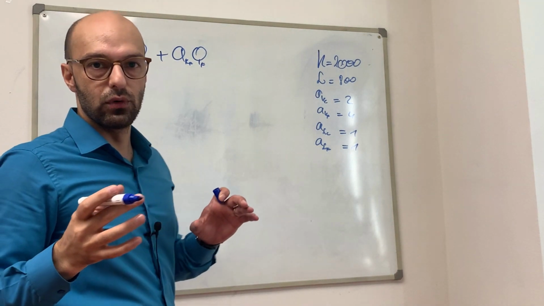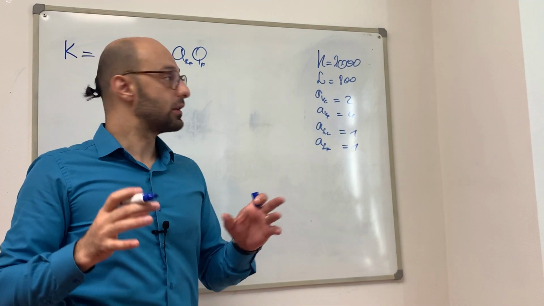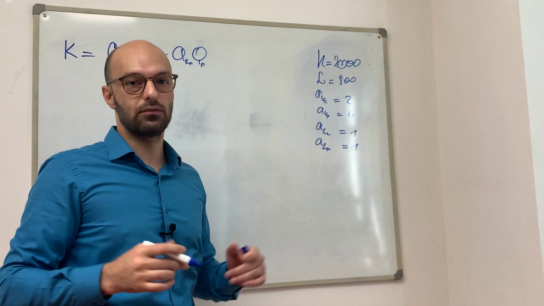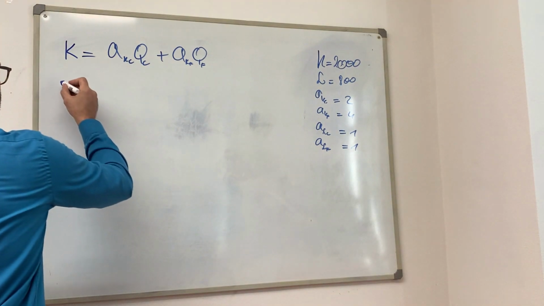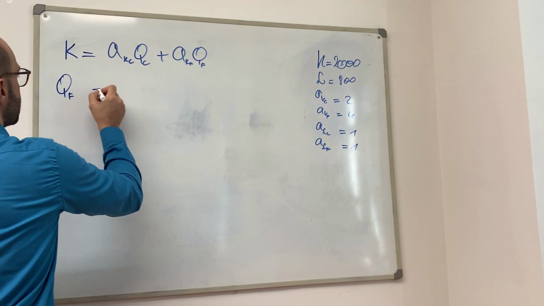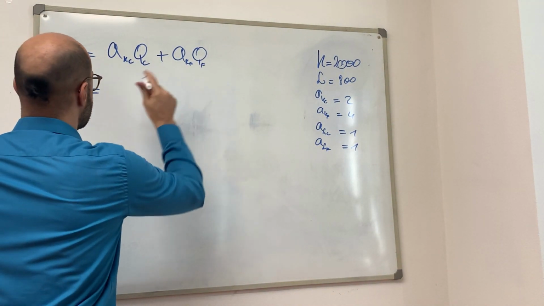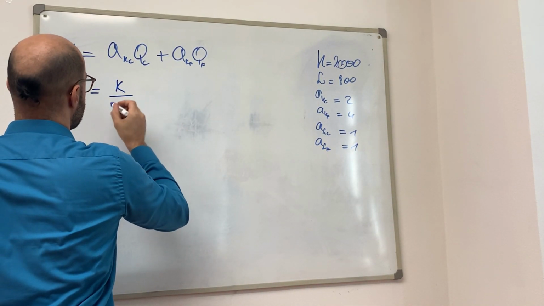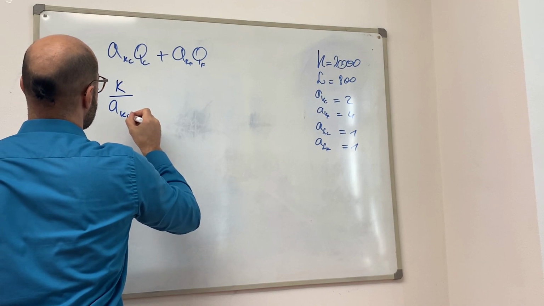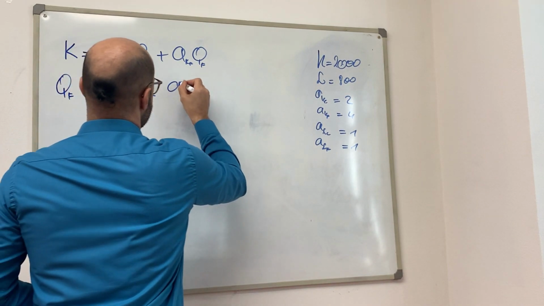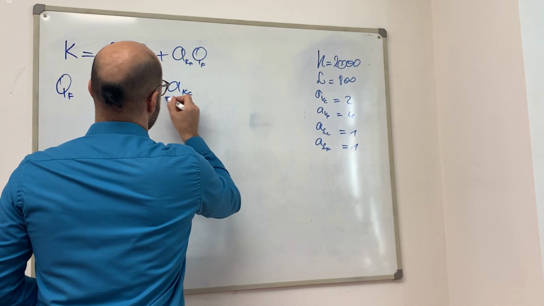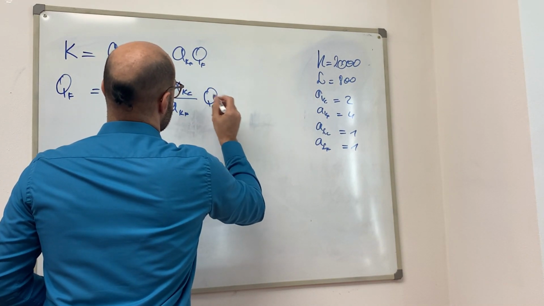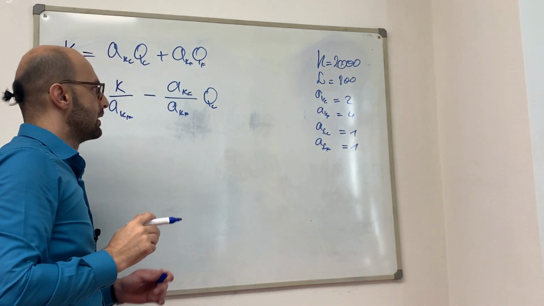So now we have to reformulate this equation in order to be able to just plug in our values and just calculate it right down. So we now want to measure the quantity of food, and we have the capital constraint, so we have here capital over the amount of capital in food minus the amount of capital in cloth over the amount of capital in food times the quantity of cloth.